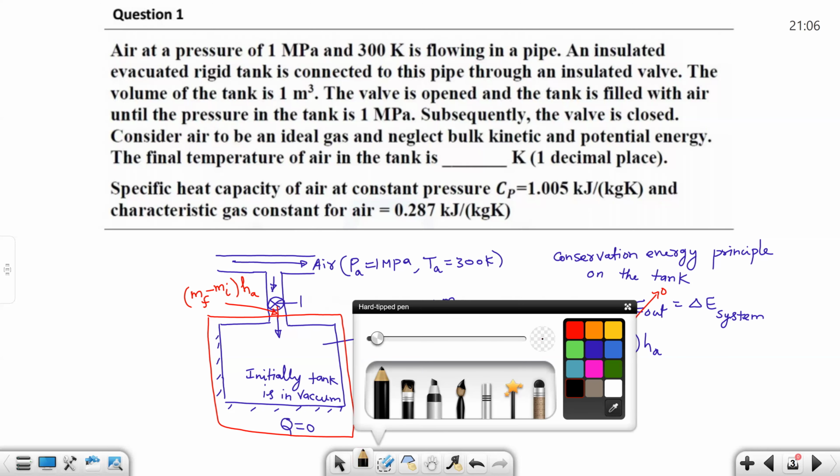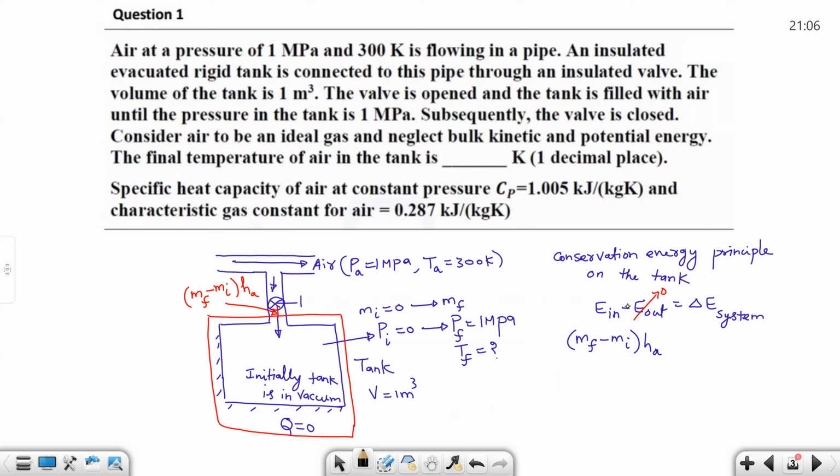Then the change in energy: the internal energy inside the tank is changing. Inside the tank there is no movement, no flow, so it will have only internal energy. The change in energy will be the final internal energy minus the initial internal energy of the mass inside the tank.